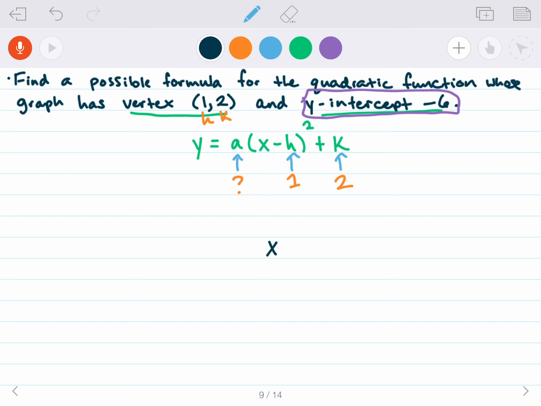In this case, the point is x is 0 and y is negative 6, because by definition, a y-intercept has to have x equals 0. So we know x, we know y, we know h, which is 1, and k, which is 2. And our question is, what is a?